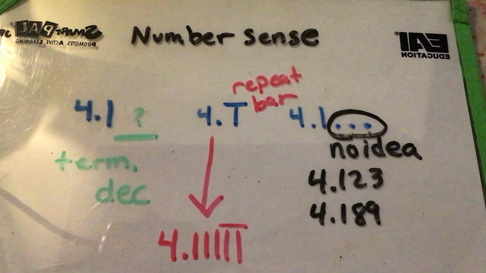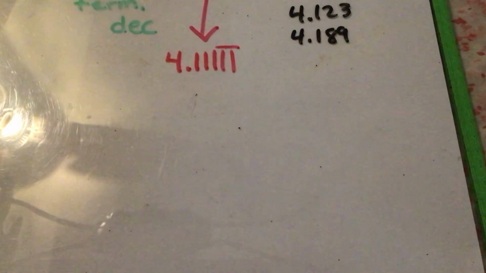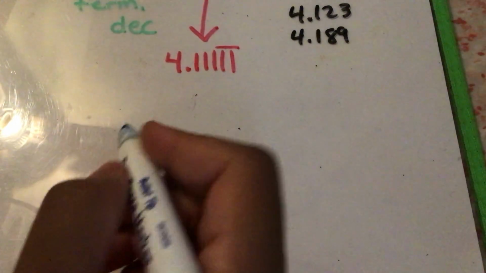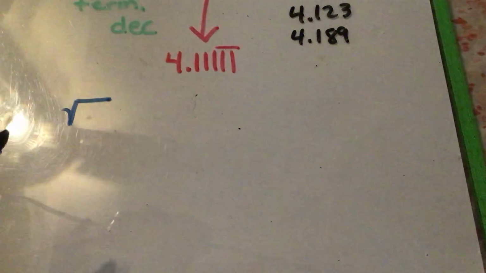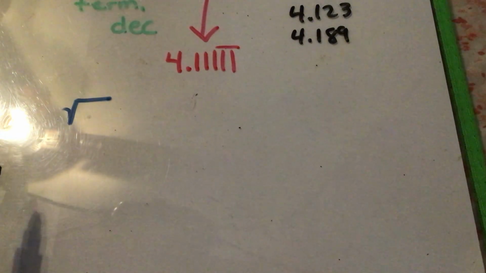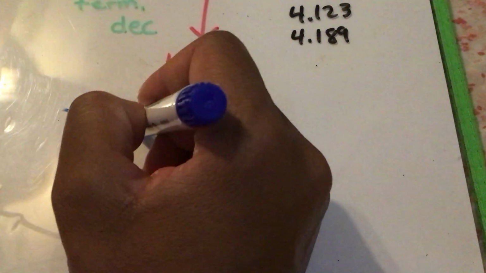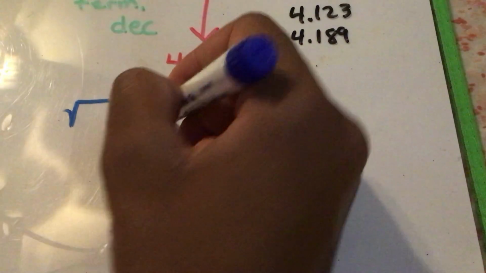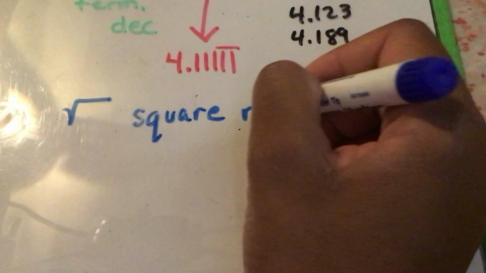The second thing that I want to draw your attention to is going to be this symbol. Now this looks a lot like our division symbol from elementary school days, but it's not. This is what we call a square root symbol.